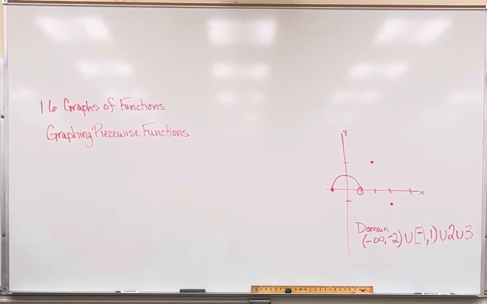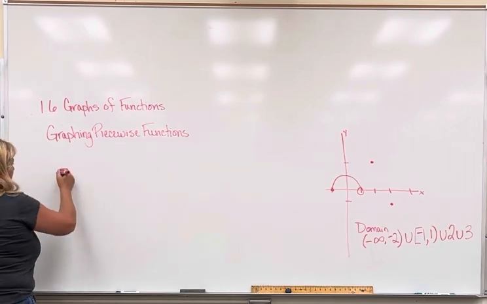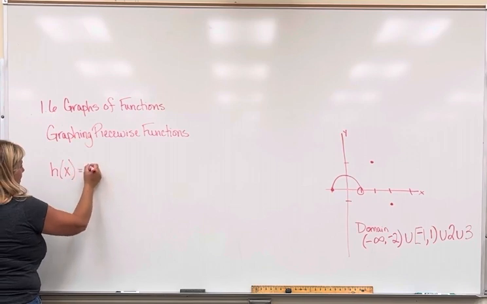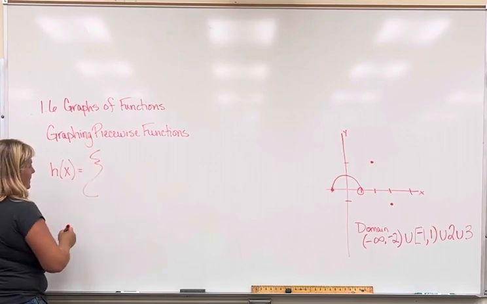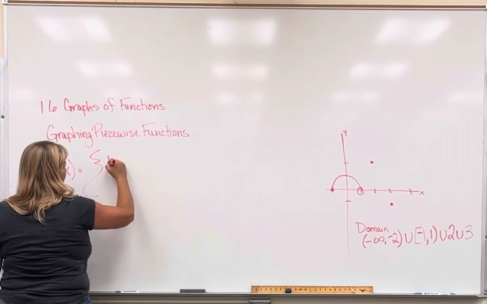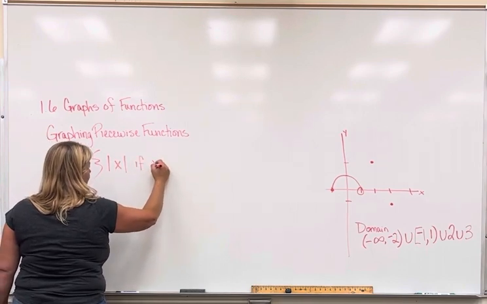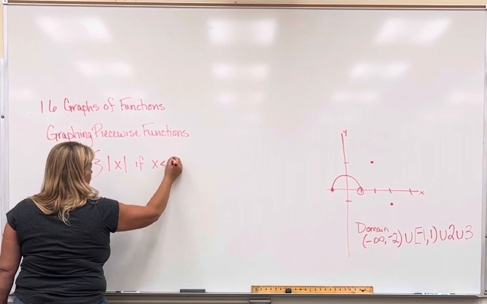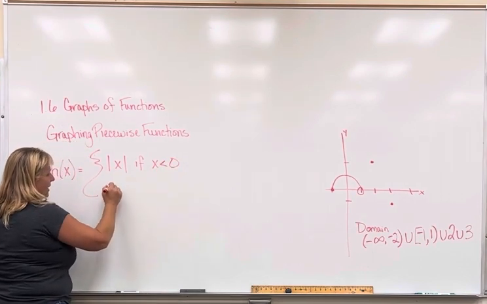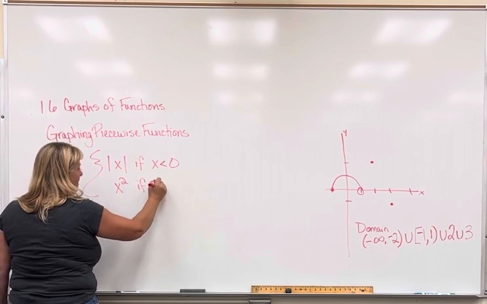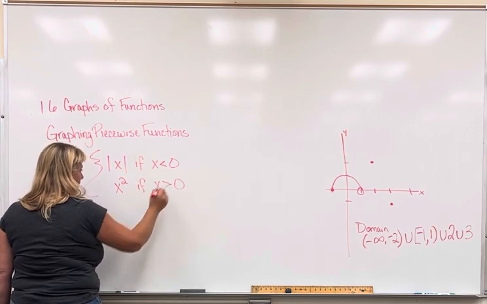Now, if you remember back, a piecewise function is a function that has multiple parts. So we might see one, let's say, we'll name this guy h of x, that looks like this. It says that it's absolute value of x if x is less than 0, and it's x squared if x is greater than 0.